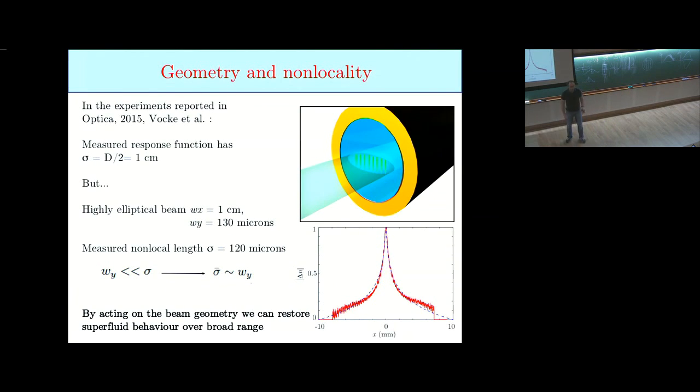So although in principle there could be a region of superfluidity here, given that I have boundaries, I will never be able to access it experimentally. So this ability to control the non-local length is extremely important. Without it, we would be lost and all this exercise would be useless.